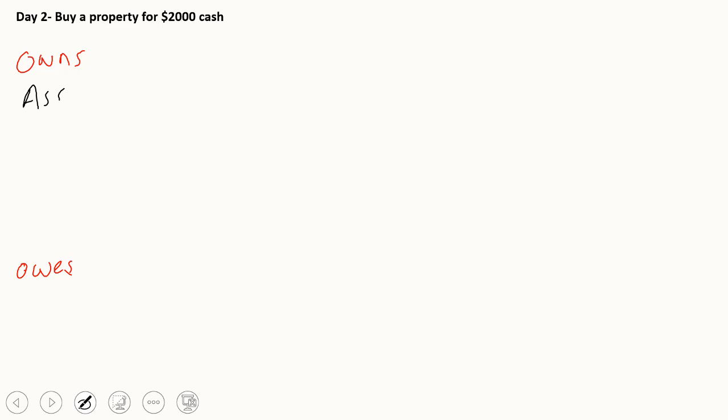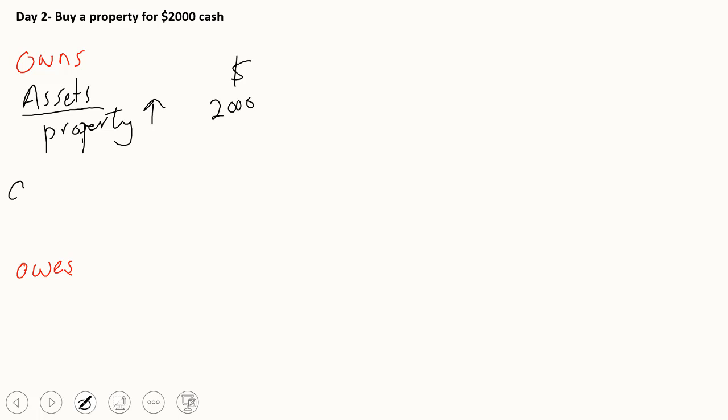Let's see the effect on assets. Now there is a new asset, property, and how much is that? 2,000. So property has increased by 2,000, and what was used to buy this property?